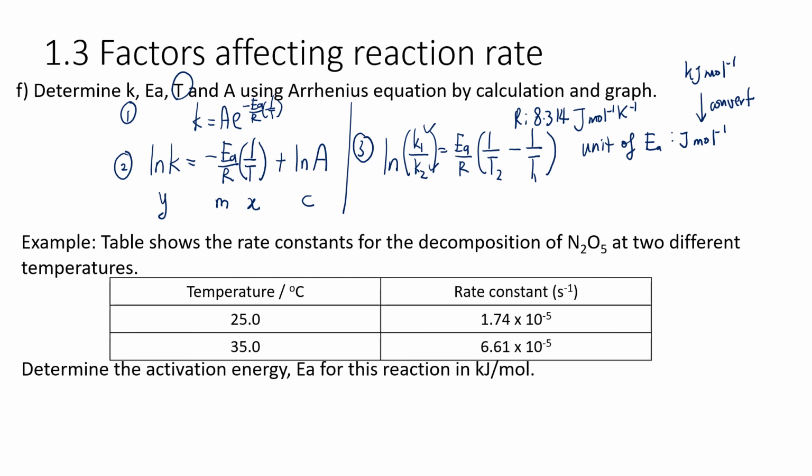So now we move on to look at the example question. In this question, we have been given 2 temperatures and 2 rate constants and are asked to find the activation energy. So no doubt we need to use the third equation, the modified form of the Arrhenius equation, to determine the activation energy EA.